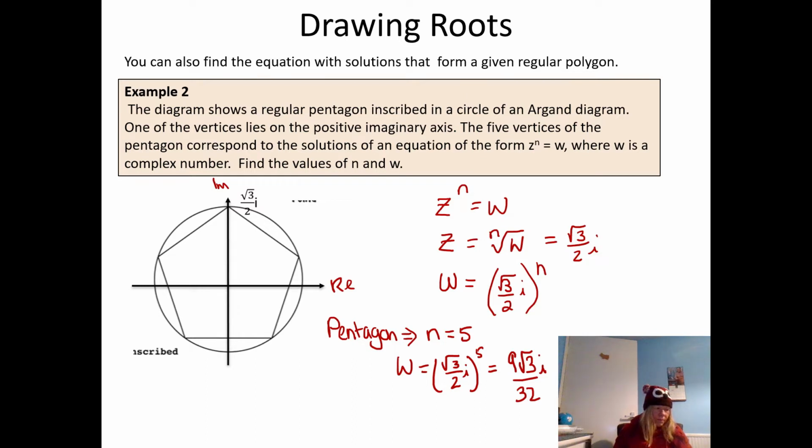Okay, so find the values of n and w. We've done it. n's 5 because it's a pentagon, and w is that lovely complex number there. Spot on.